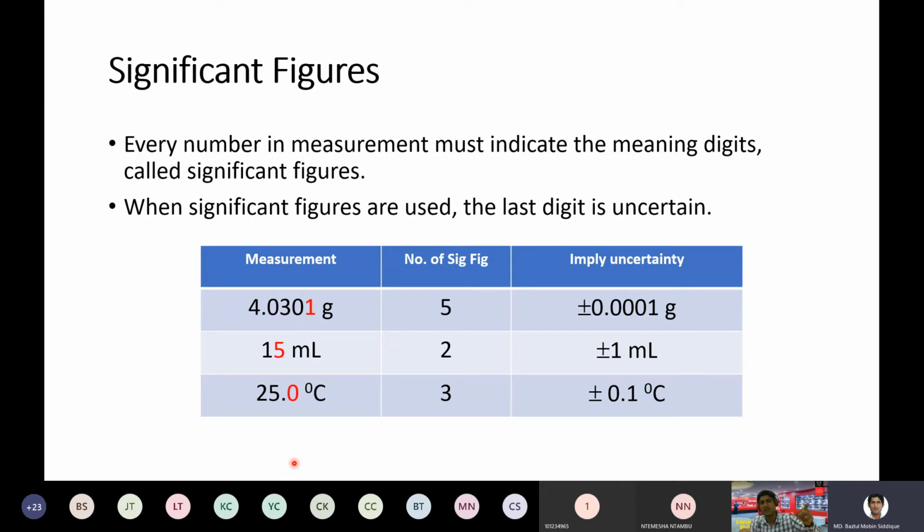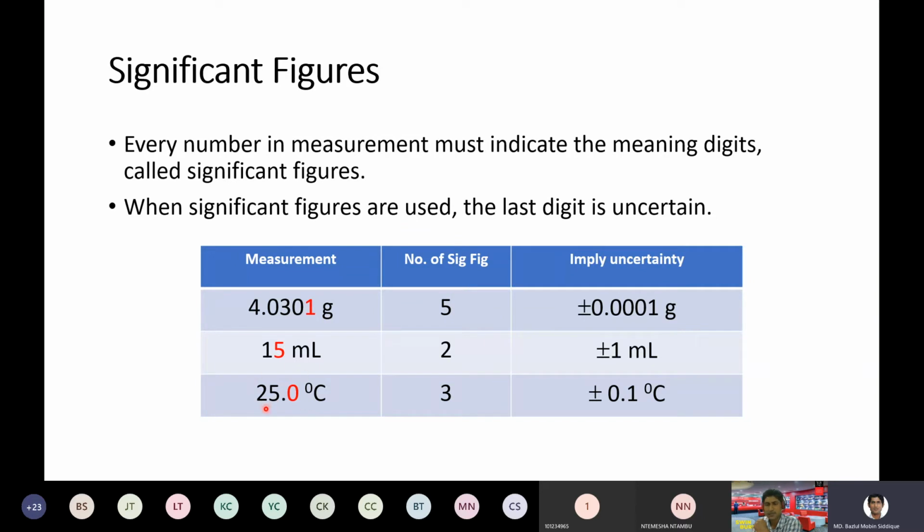He or she knows that it is not exactly 15, maybe 16, maybe 14, maybe 17, maybe 13 milliliter. So it is plus or minus 1 milliliter that can change. That is why it is 2 significant figures, and there are no decimal places after this.